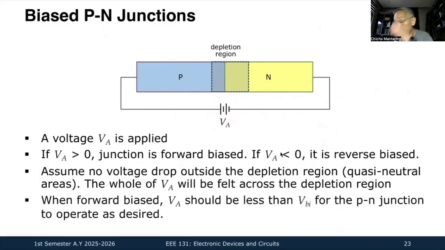When forward biased, this is a caveat: VA should be less than VBI for the PN junction to operate as desired. This is related to what I earlier said. If you make VA much greater than VBI, chances are you're going to destroy this diode.